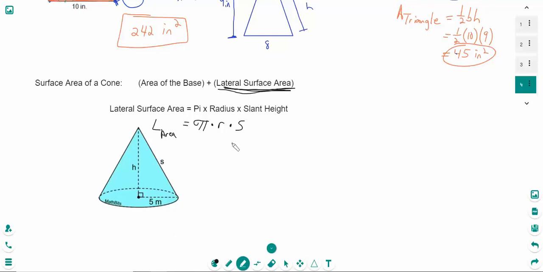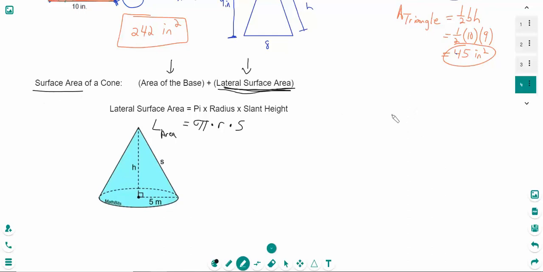Okay, so pretty straightforward. All we have to do is plug numbers in. So now remember though, that this formula is only for the lateral surface area. And if we're trying to find the total surface area, we need to remember to add the area of the base. Okay. So what's the whole formula for the surface area of a cone?